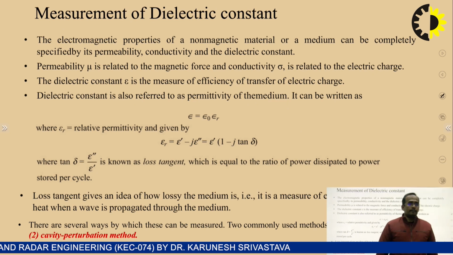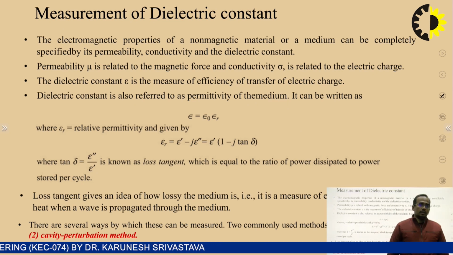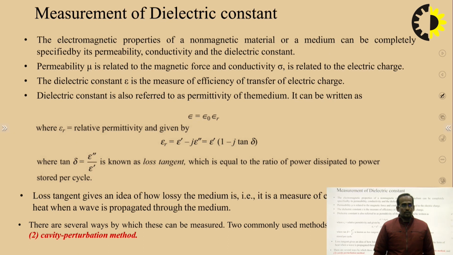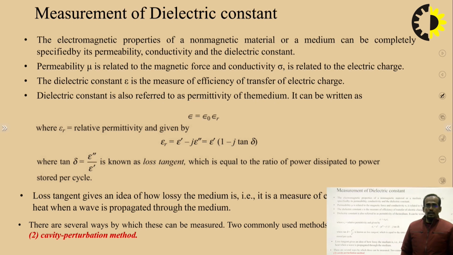The electromagnetic property of a non-magnetic material or medium can be completely specified by its permeability, conductivity, and dielectric constant. Permeability mu is related to the magnetic force, and conductivity sigma is related to the electric charge.